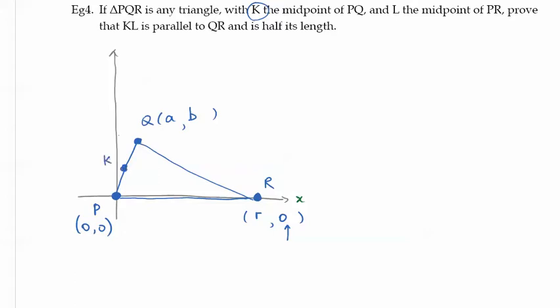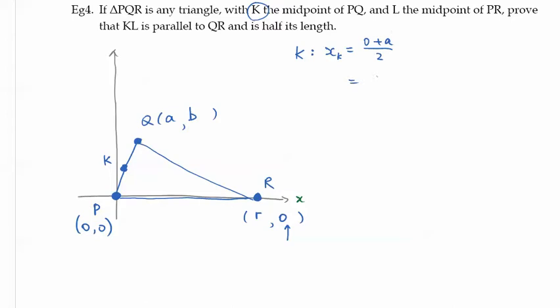If this is the midpoint from P to Q, I can then calculate the coordinates for this midpoint. I can figure out the x and y coordinates by taking the average of the x coordinates: add them up and divide by 2.